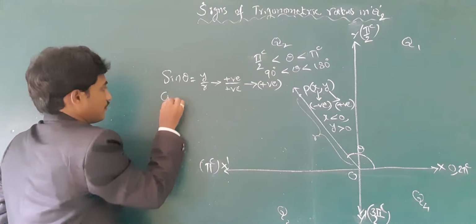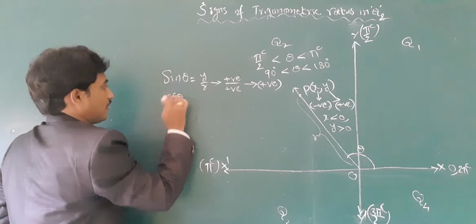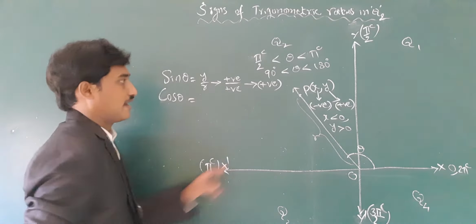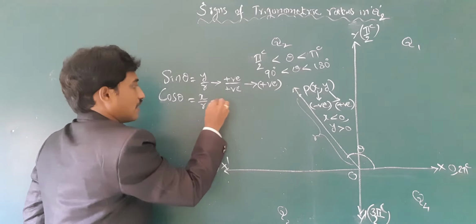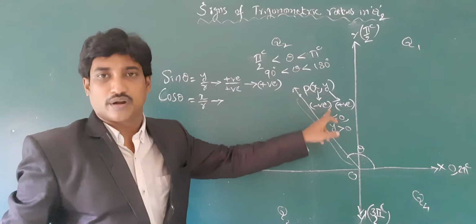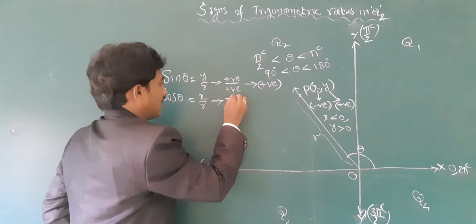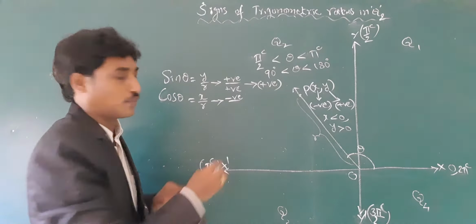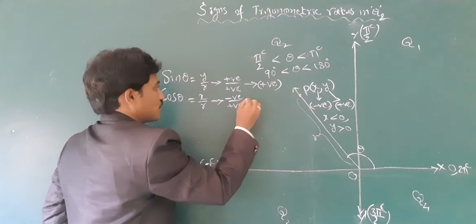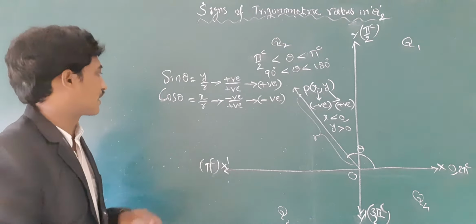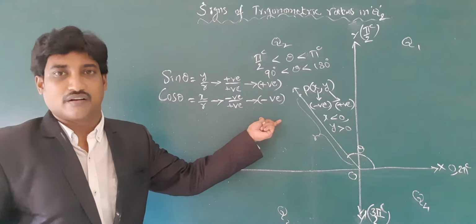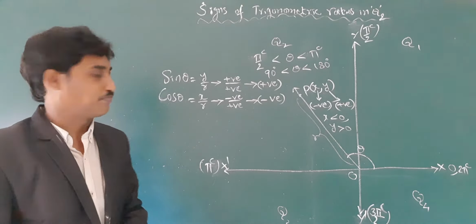Cos theta is x by r. X is a negative quantity, r is positive. Negative quantity by positive quantity, we get a negative quantity. So in the second quadrant, cos theta is negative.